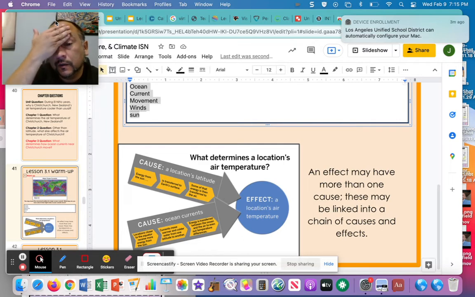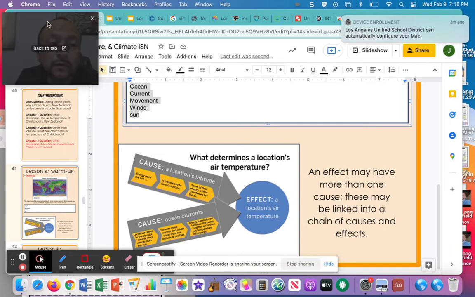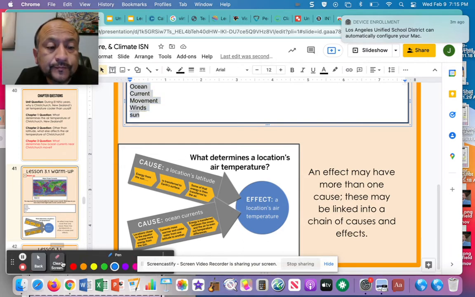So when we look at a location's air temperature, we're looking at the cause. It could be the energy from the sun that's causing that air temperature. That's transferred to the earth, so that energy gets transferred to our planet, and some of that energy is then transferred to the air. The cause, we're looking at locations closer to the equator receive more energy. We just talked about that, right?